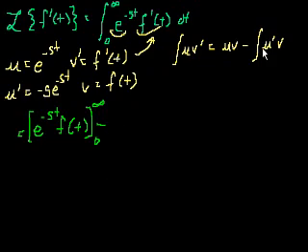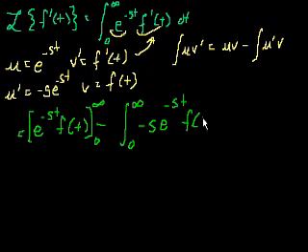So minus this part: the integral from 0 to infinity of u prime, which is minus s e to the minus st, times v. V is f of t, dt. Let's see, we have a minus and a minus, so let's make both of these pluses. This s is just a constant, so we can bring it out.